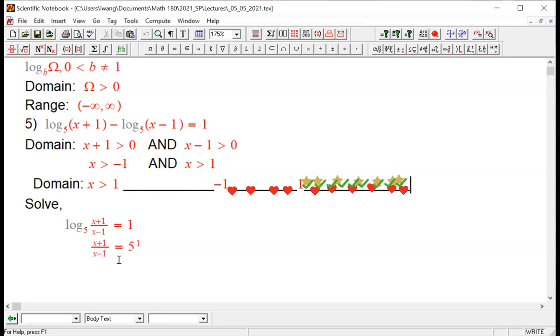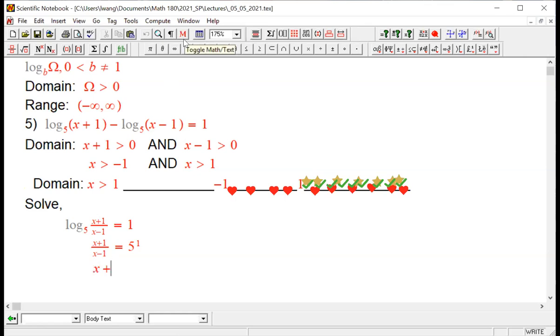Okay, so now let's come back. Okay, we were here. We apply the quotient rule, and then we solve for x. Okay, and then how do we solve for x? Because x is greater than 1, the denominator is not 0, so we can multiply x minus 1 on both sides.